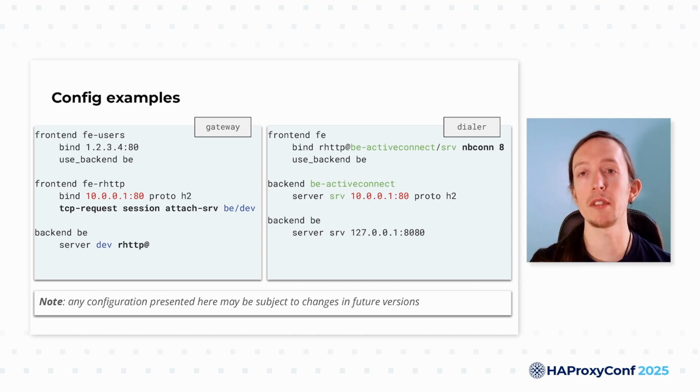Also of interest, this bind specifies an nbeacon parameter which instructs how many connections the dialer will open to the gateway. We recommend using at least a number equivalent to the number of threads running on the gateway. If less, some users may still face some 503 error codes.